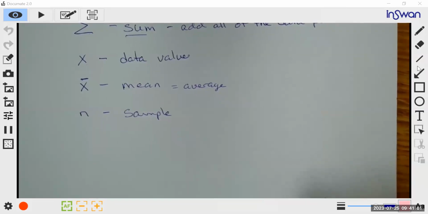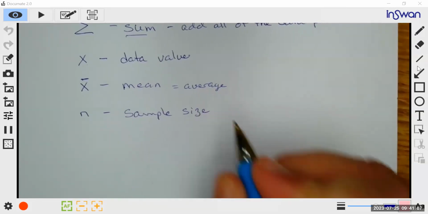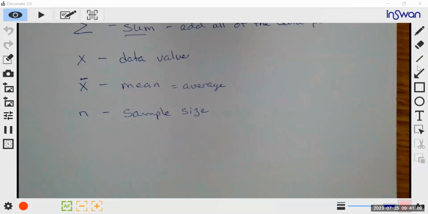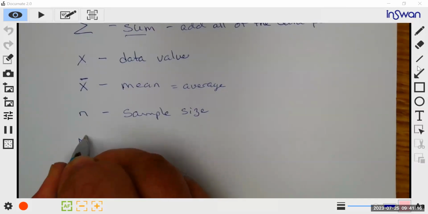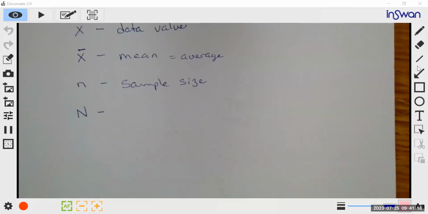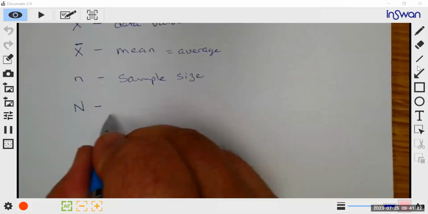For example, in this class, N equals 6. Sample size. It's how many pieces of data you have in your sample. Then what would capital N be? Population size.